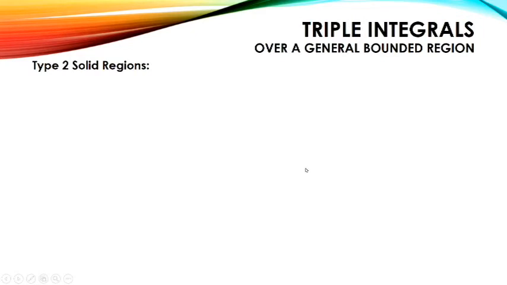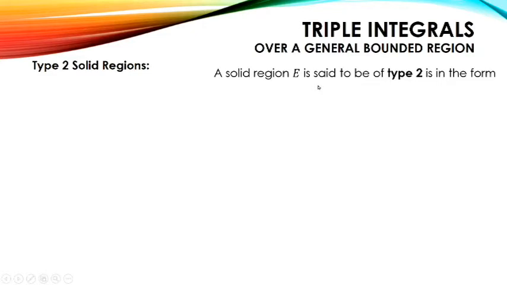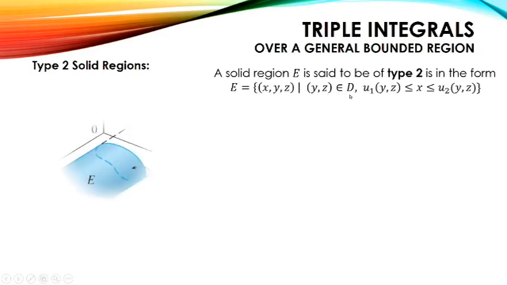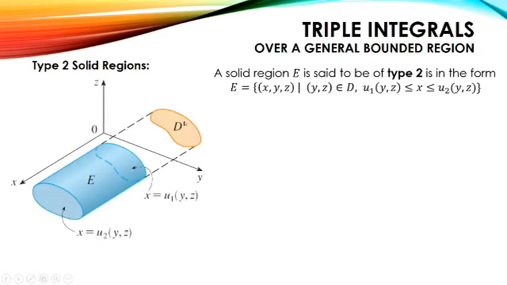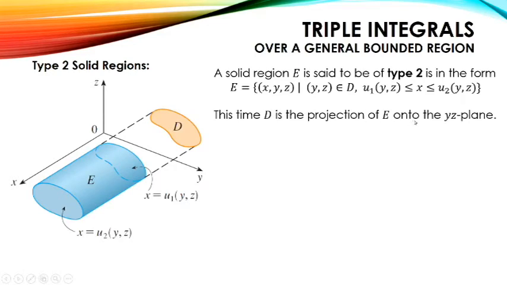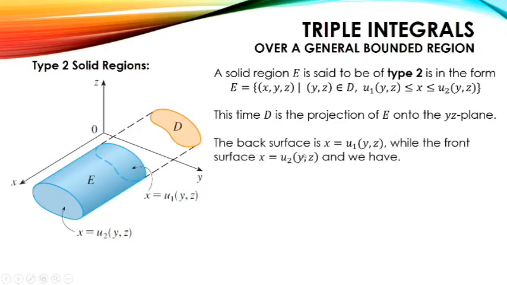So meron din tayong type 2 solid region. So a type 2 solid region E is said to be type 2 in the form E, where yung (y, z) is an element ng D, where yung D natin is a projection, this time, onto the YZ plane. So YZ plane. And the back surface of the solid is x is equal to u sub 1 of yz, while the front is x is equal to u sub 2 of yz.